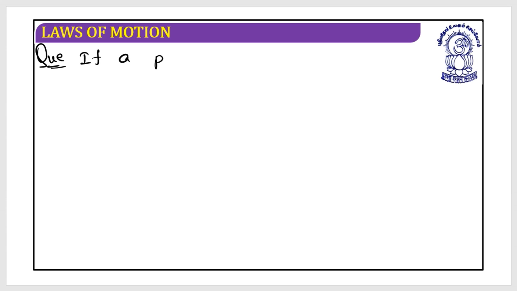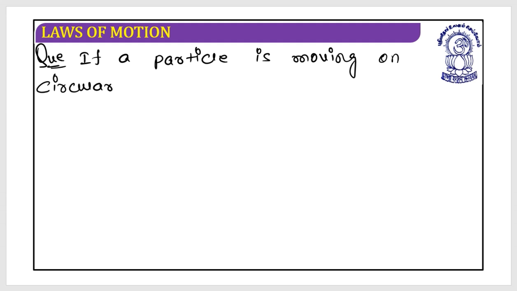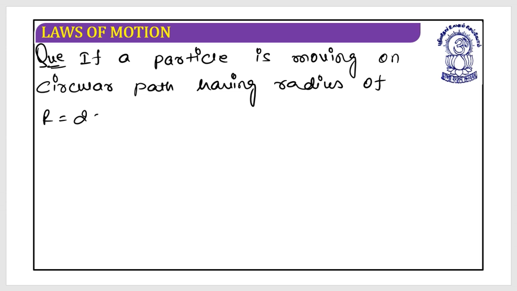A particle is moving on a circular path having a radius of r equal to 2 meter with a speed of 10 meter per second.